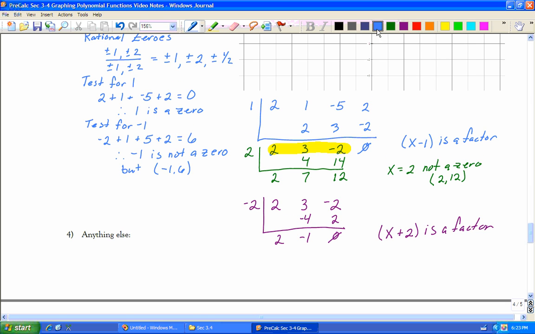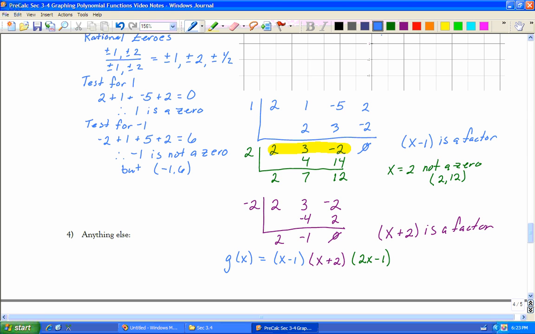So now we have a function, g of x, that we can write in factored form. So we know x minus 1 is a factor. We've just found out that x plus 2 is a factor. And then if we look at what we have remaining, we have 2x minus 1 is a factor.